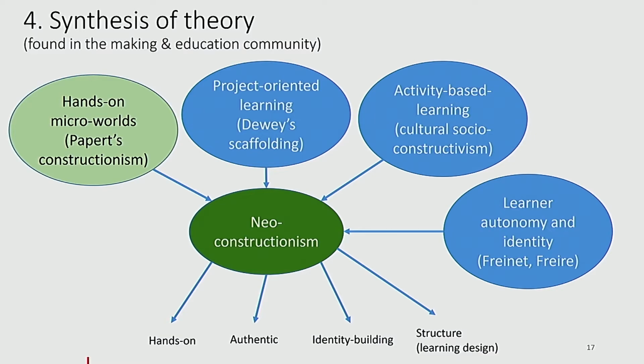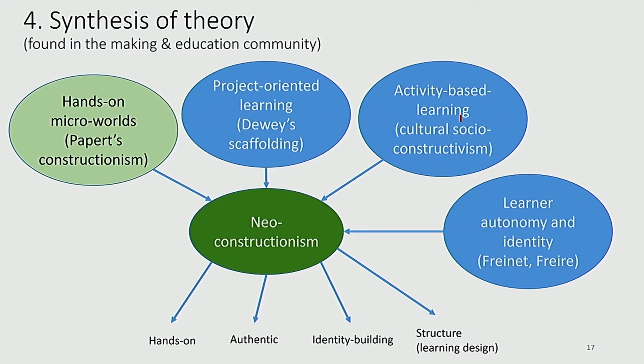It's something that I call neo-constructionism. For me, neo-constructionism is a combination of microworlds. That's what you do in educational robotics, totally disconnected from the real world, whatever the discourse says. Then you have project-oriented learning, including scaffolded learning. You have activity-based learning.